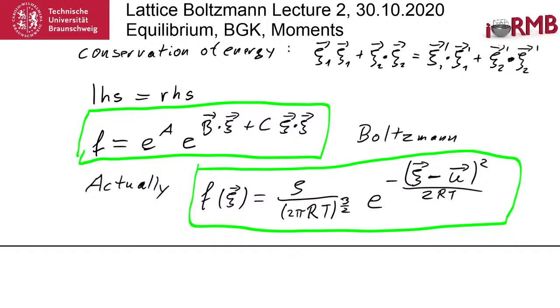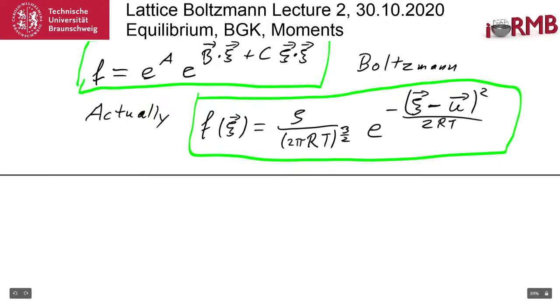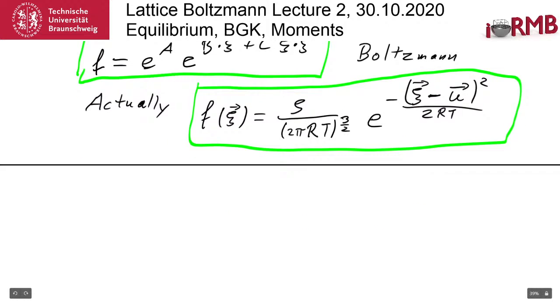And okay, so this looks still a little bit complicated. So actually, you should know this. This is a Gauss function. So this is just saying that, you know, particles follow the central limit theorem. Yeah.